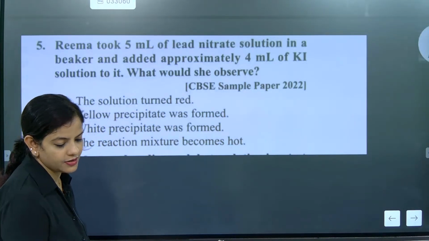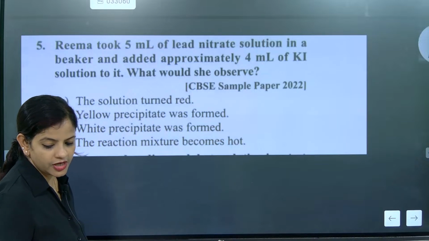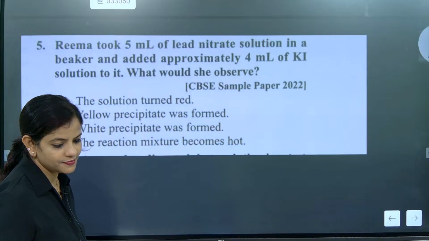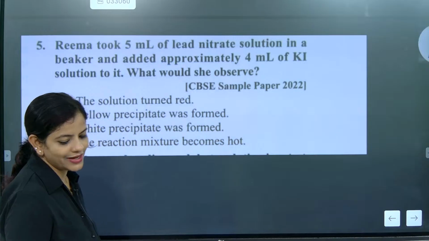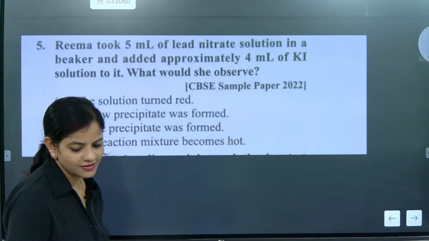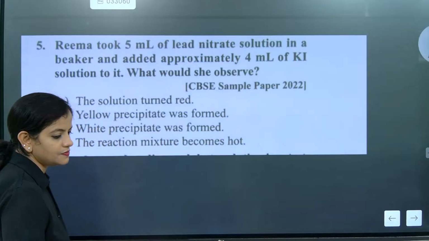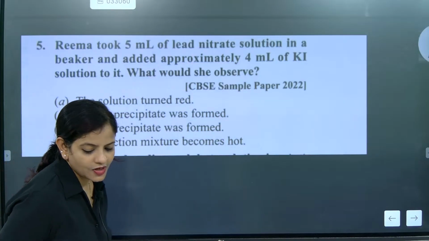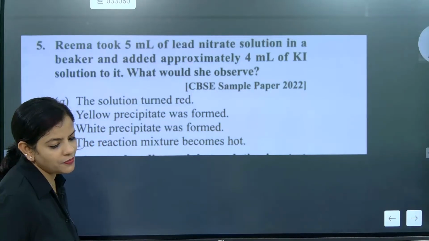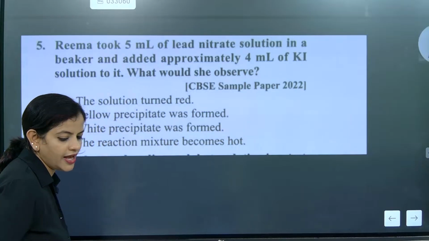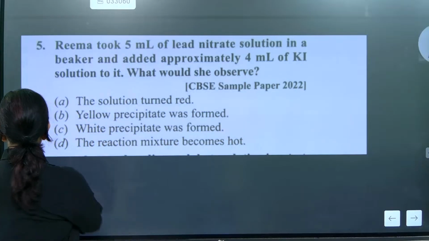Yellow PPT. How many of you are thinking yellow PPT? That's indeed yellow PPT. Correct. The reaction is Pb(NO3)2 plus 2 KI. I'm not balancing it.